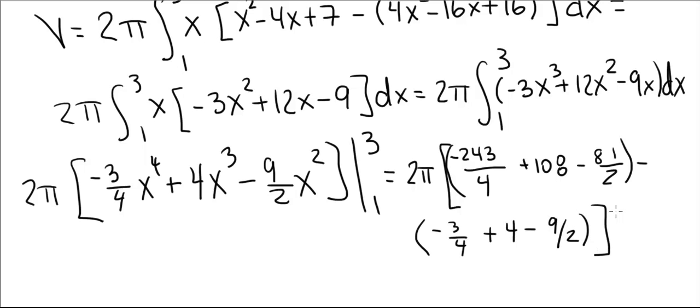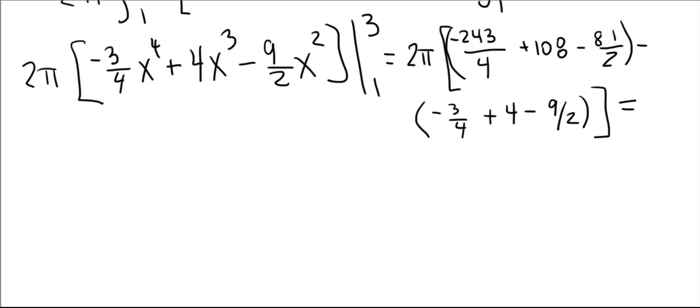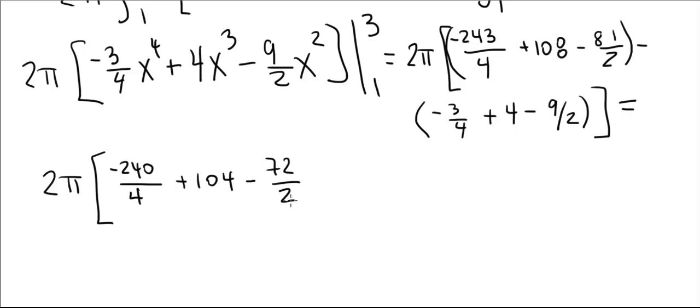So let's go ahead and compute that. Minus 243 over 4 minus (minus 3 over 4), we get 2 pi times minus 240 divided by 4. 108 minus 4 is 104, and then minus 81 over 2 minus (minus 9 over 2) is going to be minus 72 divided by 2.